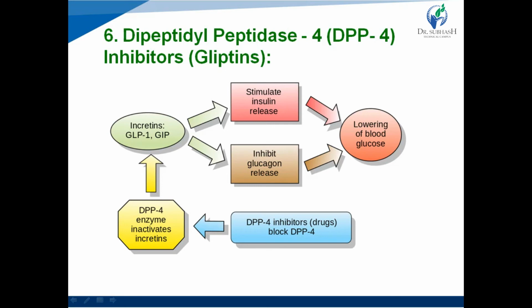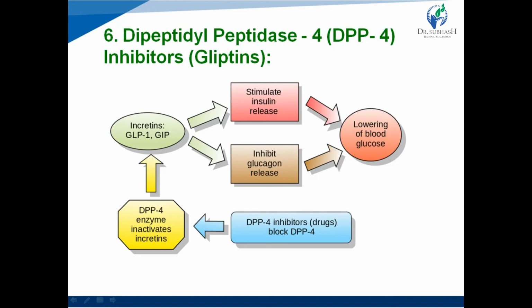Incretins are a group of metabolic hormones which includes GLP-1, GIP, etc. GLP-1 means glucagon-like peptide 1, GIP means gastric inhibitory peptide. Both of these are members of the glucagon peptide superfamily. And these incretins stimulate insulin release and inhibit glucagon release, which results in the lowering of blood glucose.